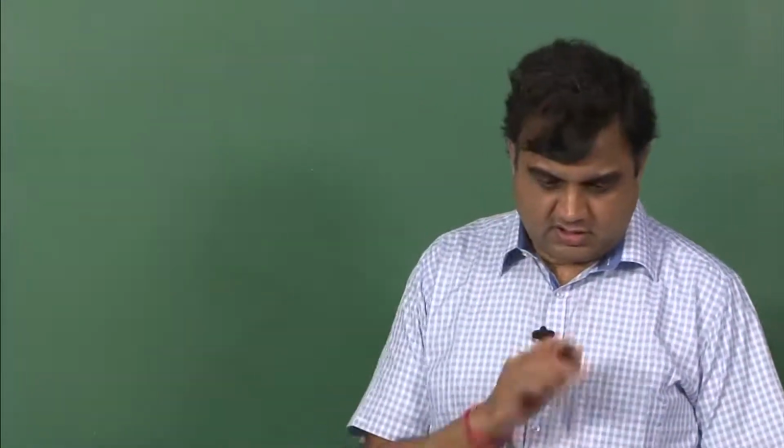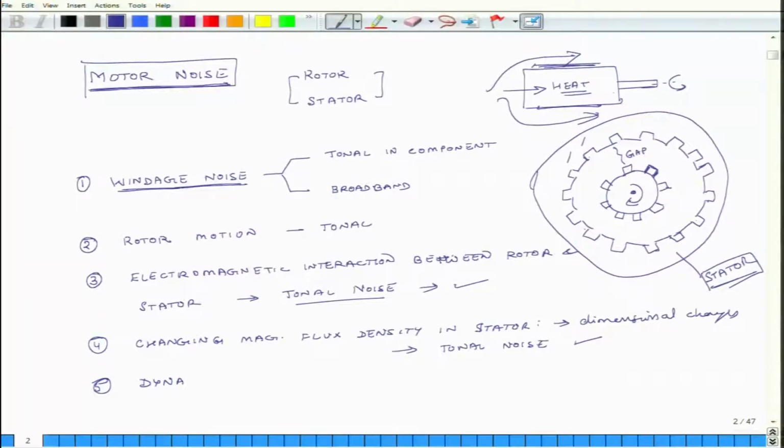The fifth component of noise is because of dynamic imbalance. So, these two guys are because of EM effects, this is because of mechanical effect, this is also because of mechanical reasons, dynamic imbalance.